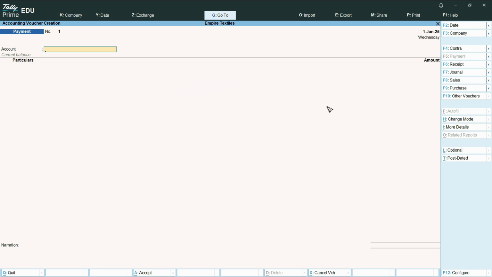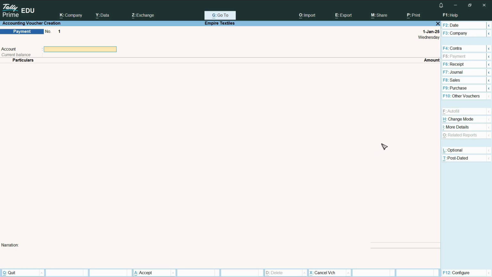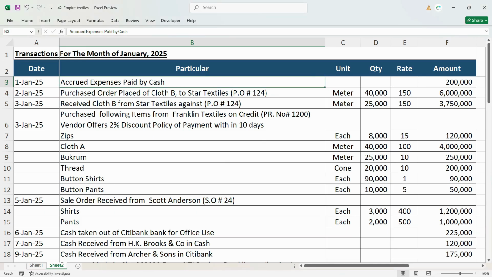Now just remember that in Tally Prime, we have a specific area for each function, but the journal entry is used as a last resort. So accrued expenses paid by cash, since it is related to a payment, can be entered from payment. A journal entry will only be used if the transaction is non-cash and non-trading.